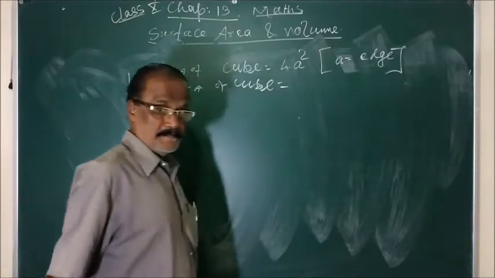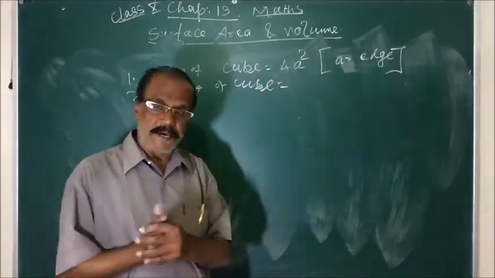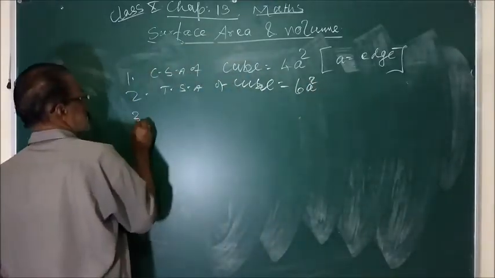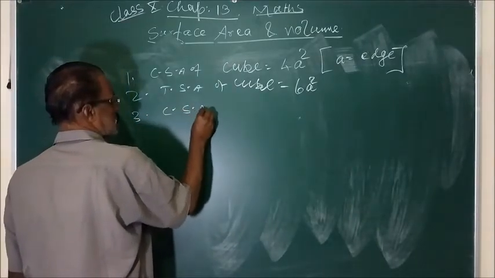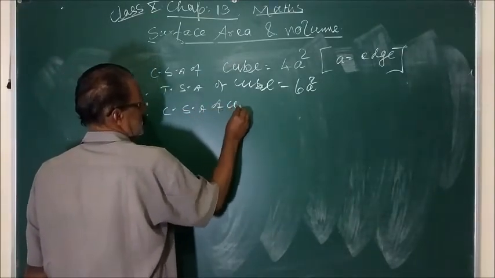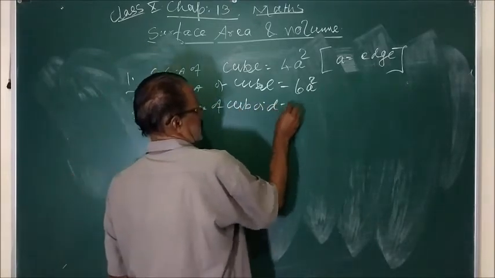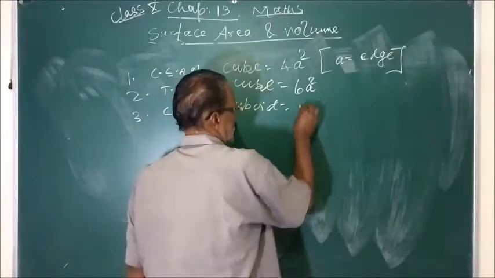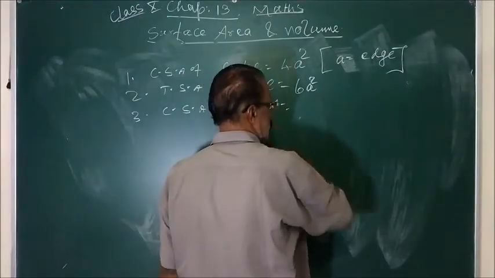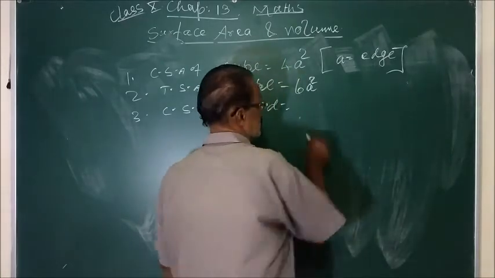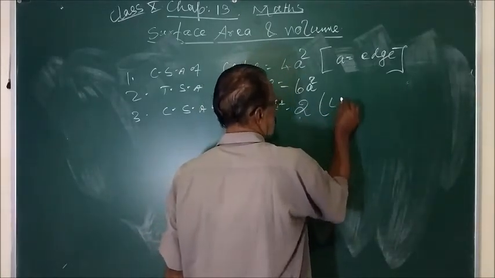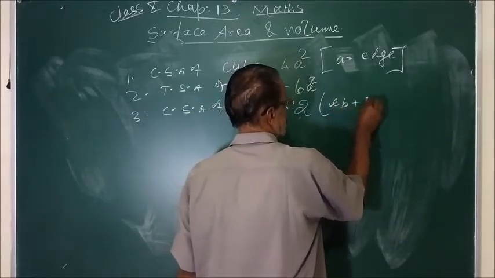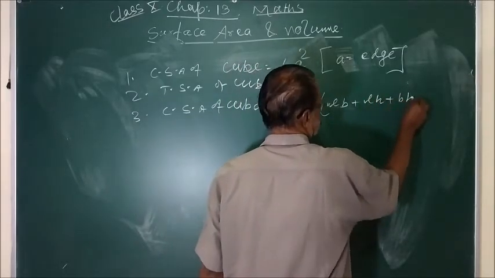I have explained there are 6 surfaces in a cube and cuboid, so this will be 6A squared. Now the curved surface area of a cuboid. Each face has area L into B. If you find the sum of the areas of all these 6 surfaces, you will get 2 into (LB plus LH plus BH).